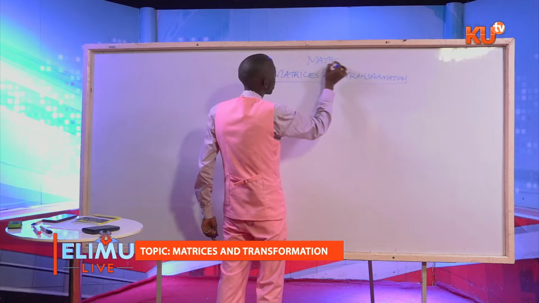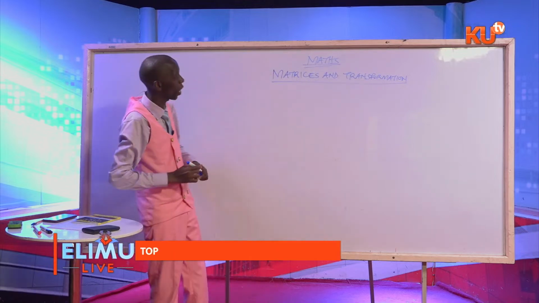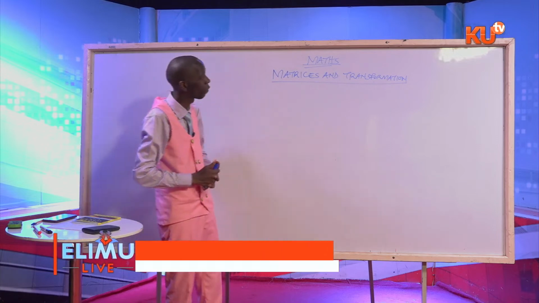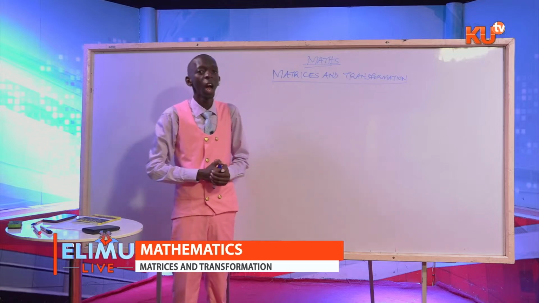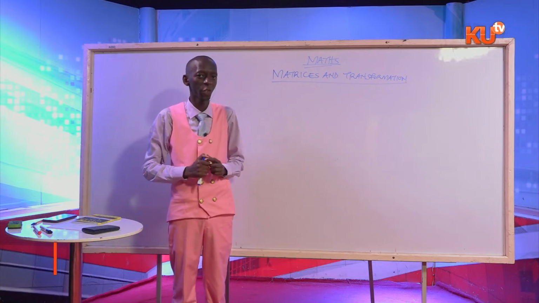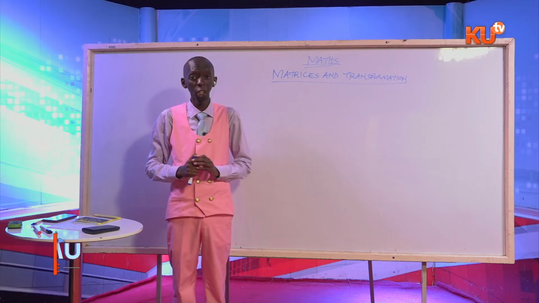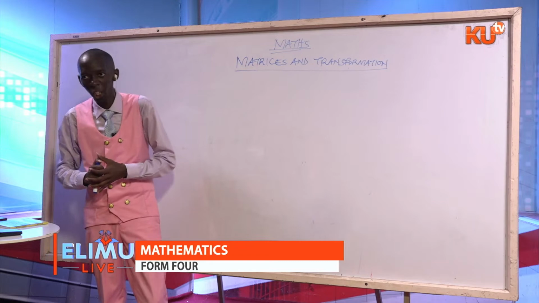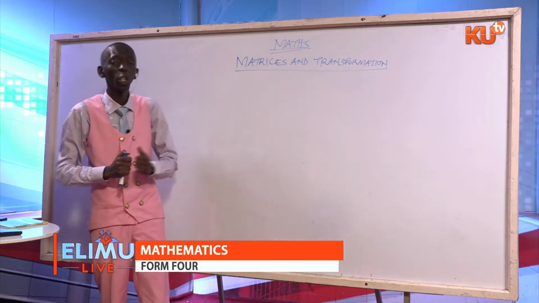The subject is mathematics. This is a Form 4 topic, the first topic in Form 4. In Form 3, you learned about matrices, the plural of matrix, and matrix multiplication. That concept is what we're going to use in this topic.